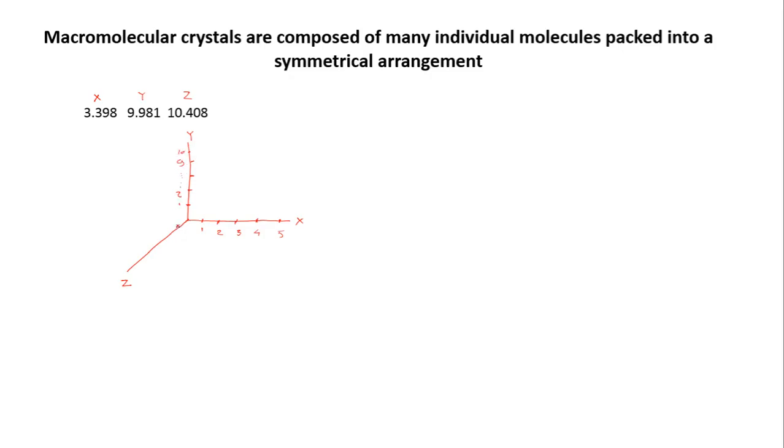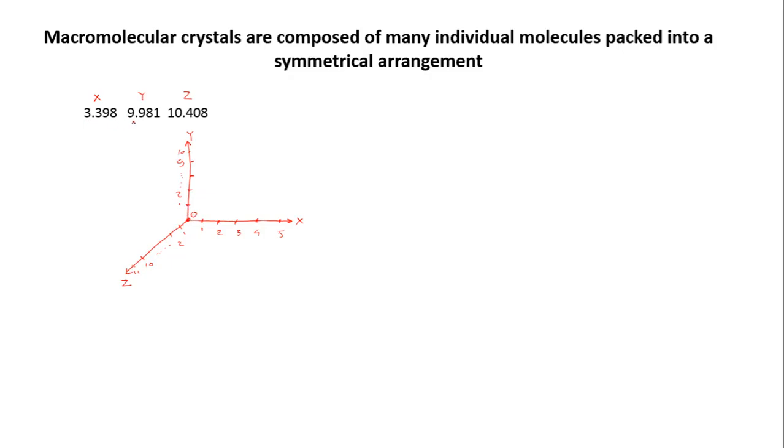And the z-axis also has a certain scale: 1, 2, 10, 11, and so on and so forth. So these are the three axes of your coordinate system, what we call the Cartesian coordinate system, which has an origin at 0. We call it the origin.